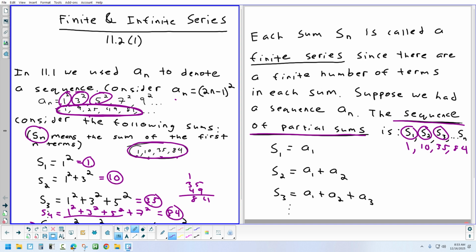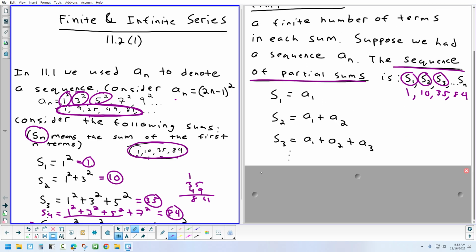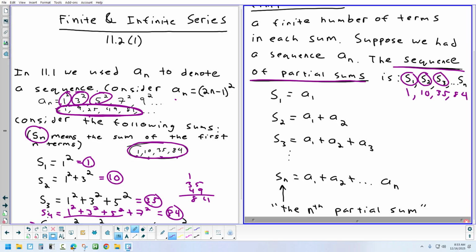Okay, we're going to do another one in a minute, but it is going to be one that we could figure out the pattern for a little bit easier. Okay, when you're adding up numbers in a sequence, you can add up the first 1 terms, 2 terms, 3 terms, 4 terms, 5 terms, 36 terms.